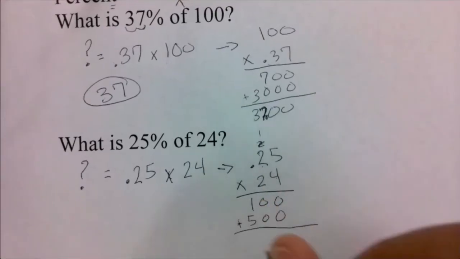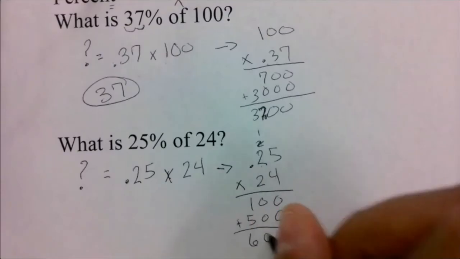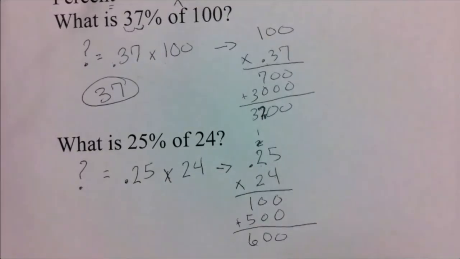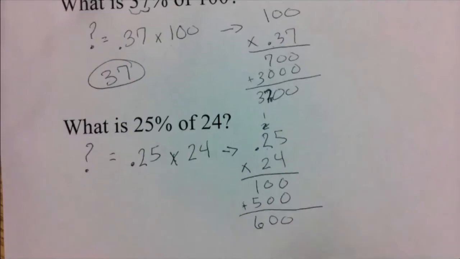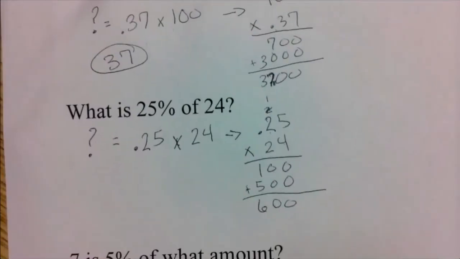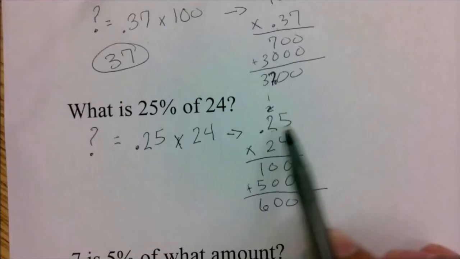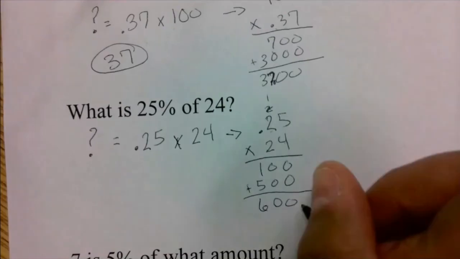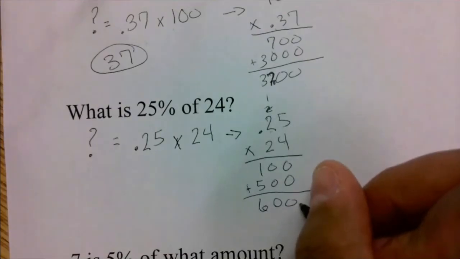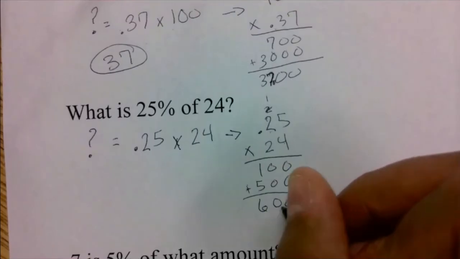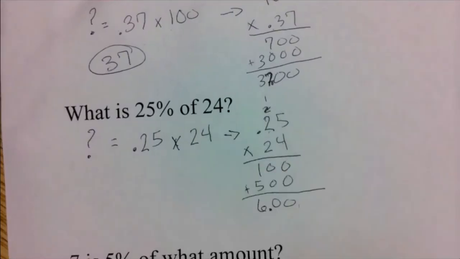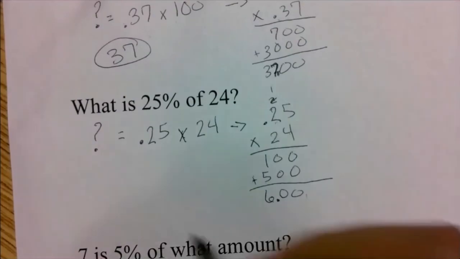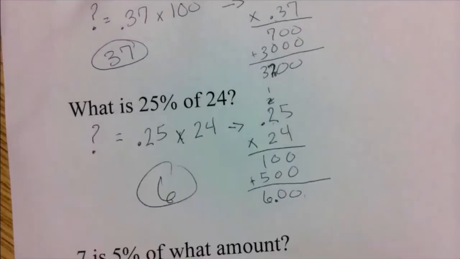Add this up. You get 6, 0, 0. So now next thing we need to ask ourselves, how many numbers do we have behind a decimal? And we have 2 numbers behind the decimal. So we're going to move our decimal point, starting from the right, over twice. So my answer is going to be 6.